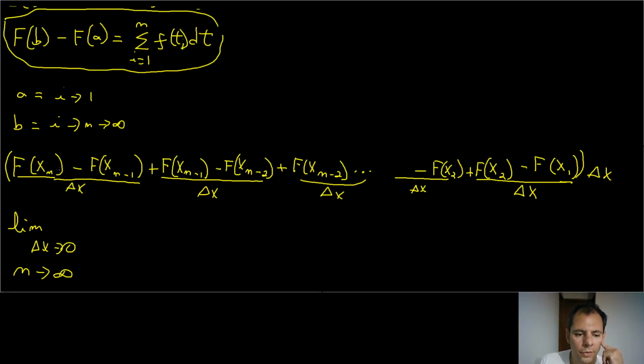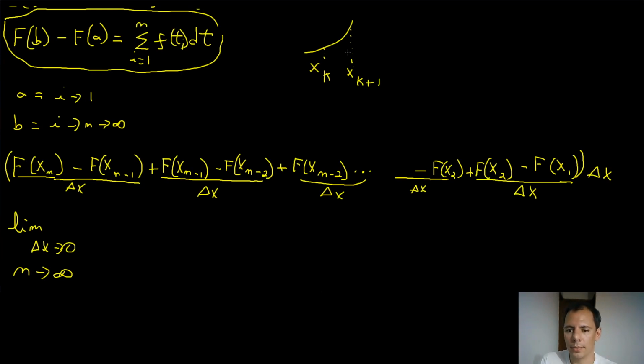You have f of x sub n, which comes to the right. We can also do it to the left, but let's do it to the right. So you have an x, for example x sub k, and the next x is x sub k plus 1.